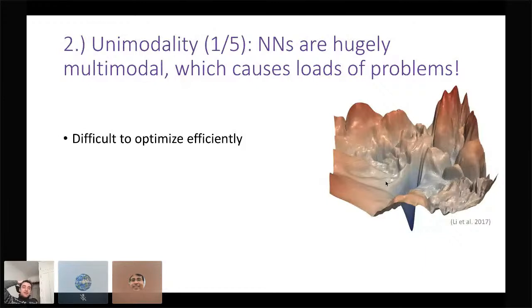The first is that it's going to be difficult to optimize on this loss landscape effectively. Not only might you get stuck in local optima, but also if you want to come up with a cleverer or more sophisticated optimization method, typically it's going to work well if you've got a simple loss landscape that's maybe unimodal or convex. But we can see that essentially this loss landscape has zero nice properties at all.